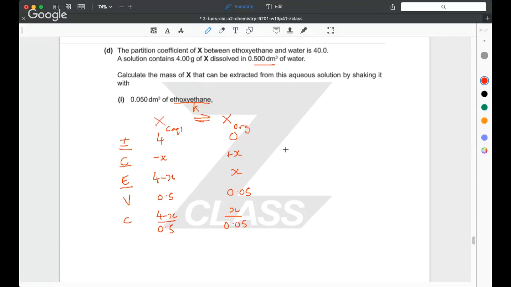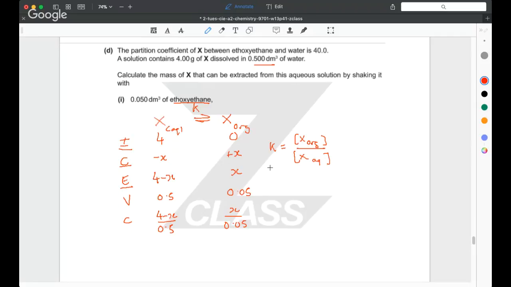And so at that point, you can start using your equilibrium expression, and you've got the equilibrium constant, or the partition constant, is equal to the concentration in the organic phase divided by the concentration in the aqueous phase. We derived that or explained that earlier on.